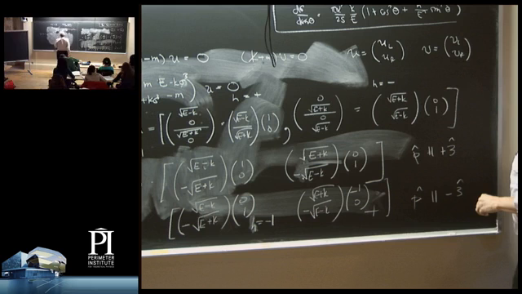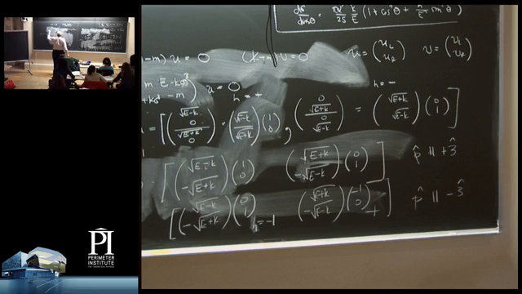So this now takes the form, gamma 0 in this basis is that. So this will be uL sigma bar mu vL plus uR sigma mu vR. Okay. And then we can compute all those things.